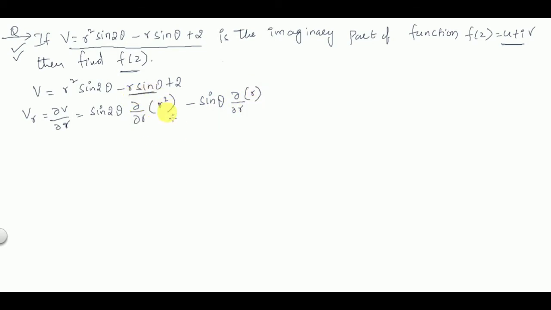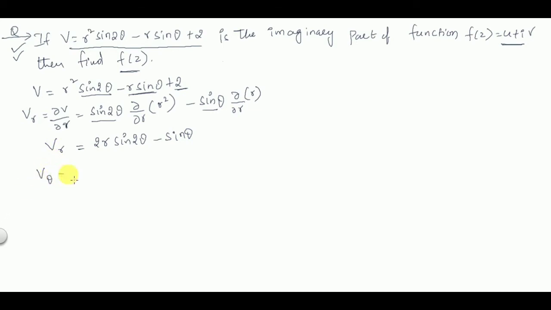Differentiation of the constant 2 is 0. So you get 2r sine 2 theta minus sine theta. This is your Vr.